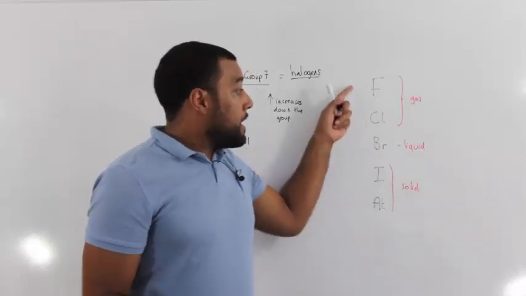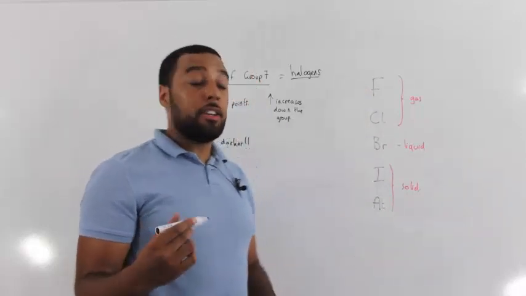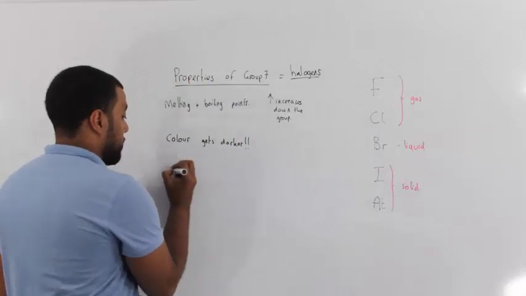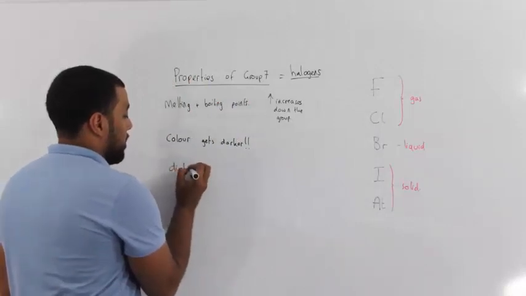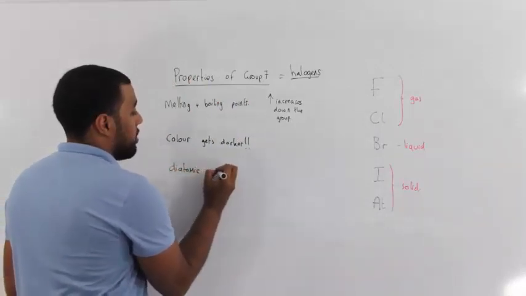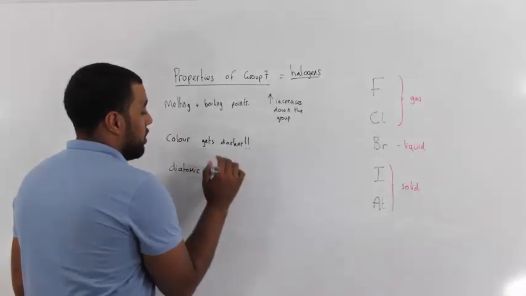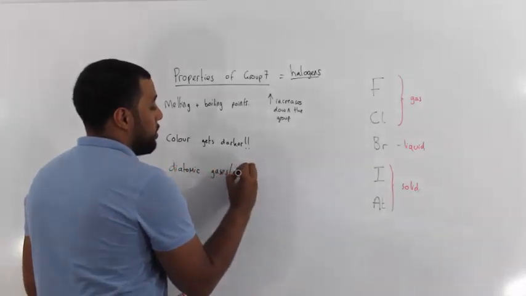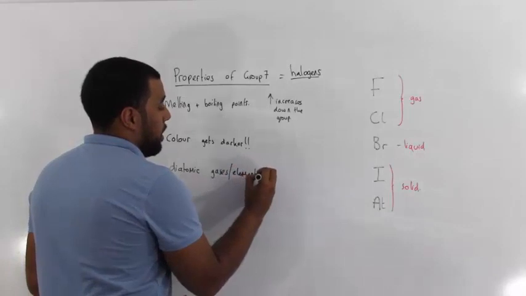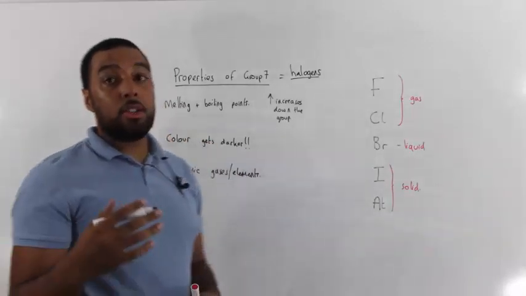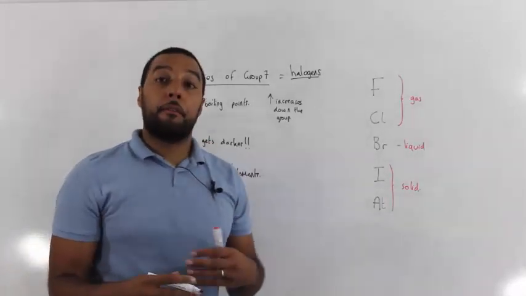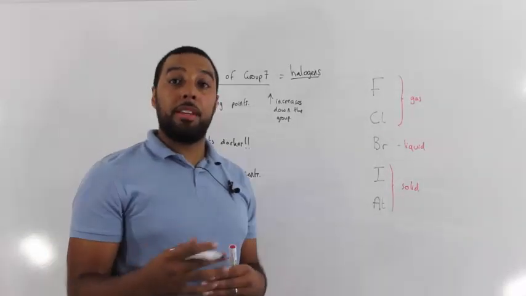Now, the halogens are known as diatomic gases or diatomic elements. And this is because each halogen forms a covalent bond with itself.